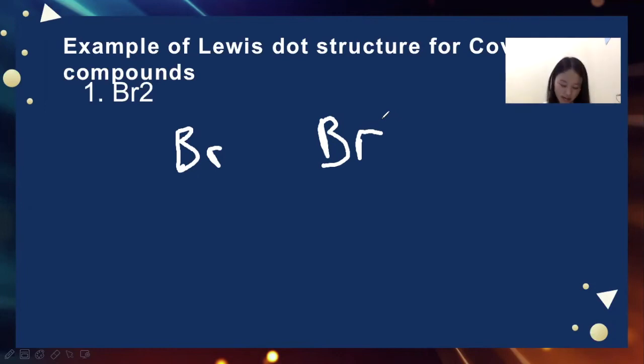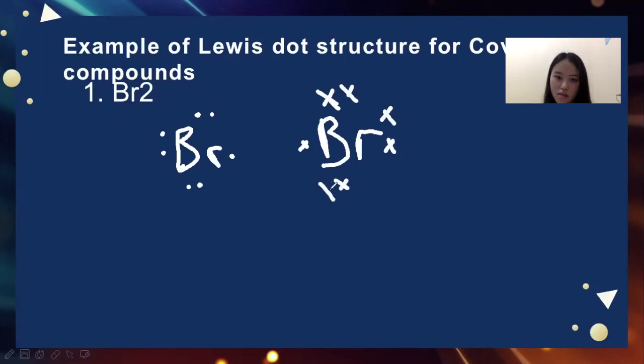Bromine has 7 valence electrons, so let's make the dots first. 1, 2, 3, 4, 5, 6, 7. And then we can arrange and connect these atoms using a circle, so it will look like this.